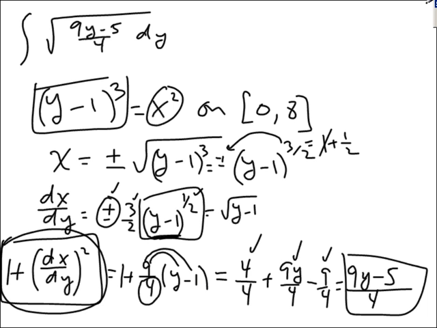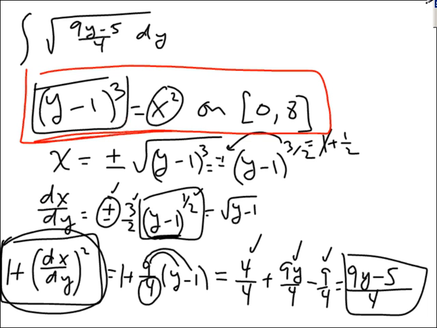Initially, this was the beginning problem. Given this function, find the arc length on 0, 8. These are understood to be x values. Okay? Those are understood to be x values. We're integrating with respect to y. So I need to go and find the y values.